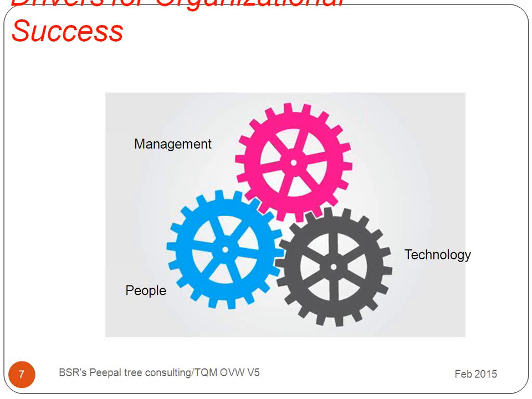The second aspect is the technology of the organization. Technology by itself is very, very key for organizational success. Every world leader has the highest levels of technology in their chosen field.